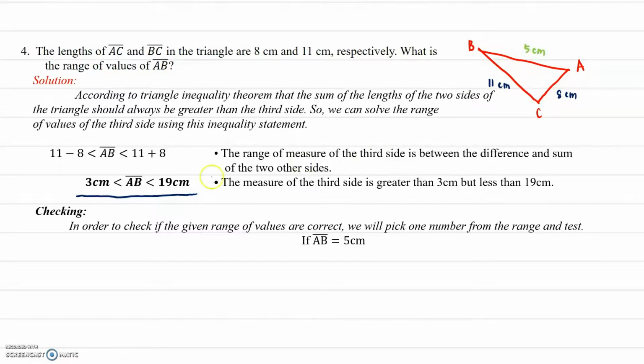Okay, let's see if 5, 11, and 8 can be dimensions of a triangle. So let's write here so it will be clear. We have 11 centimeters, 8 centimeters, and 5 centimeters.